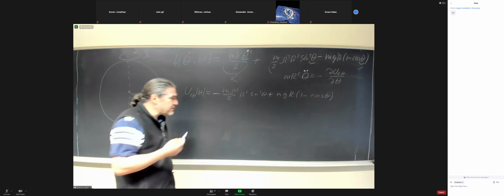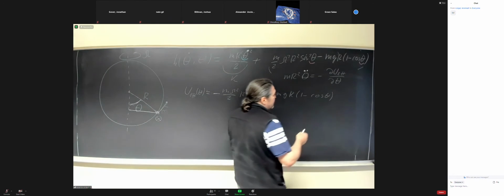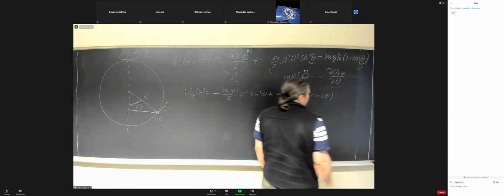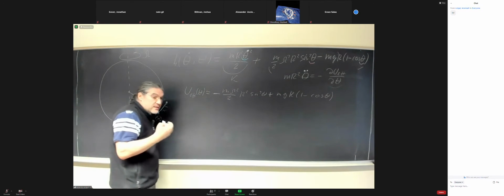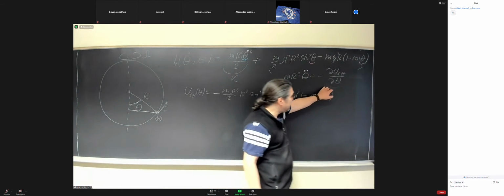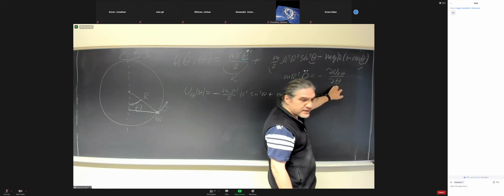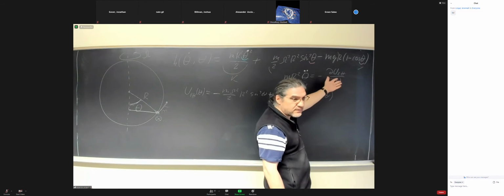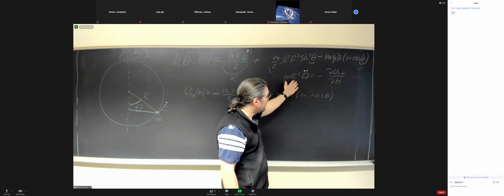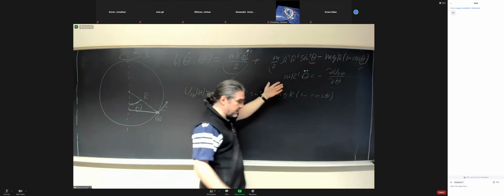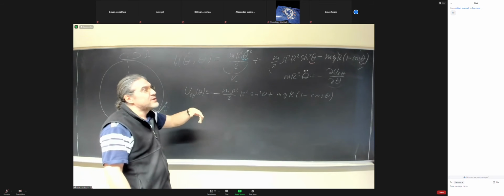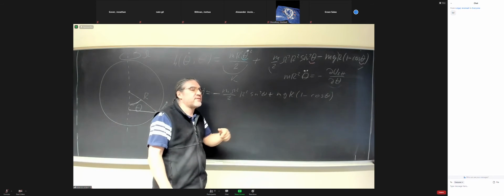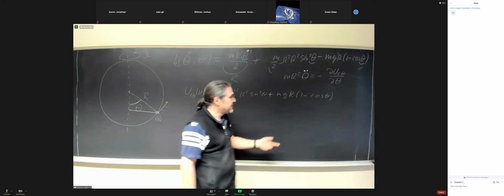So instead of doing that, what I want to see is where are the equilibrium points? Where are the points where force equals 0? My effective force is dU effective divided by d theta. That's the force for this new problem. What would we have called a force? Force is ma.